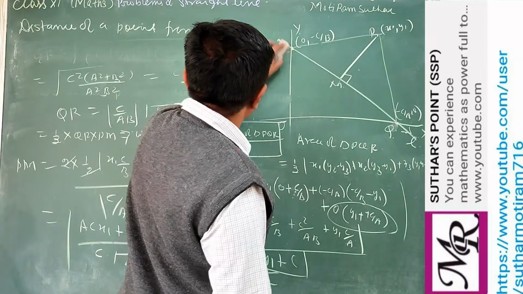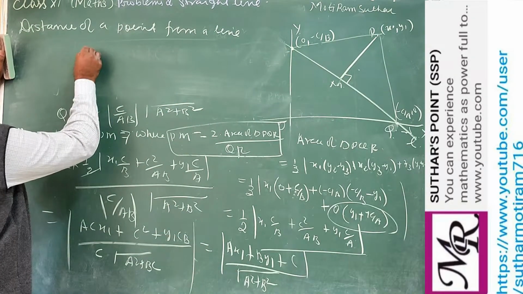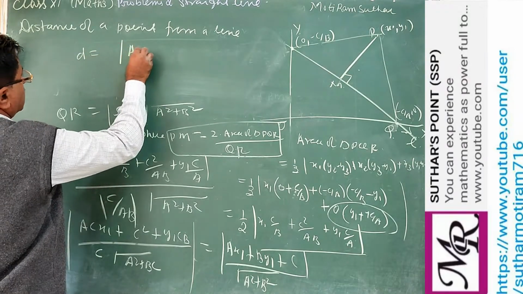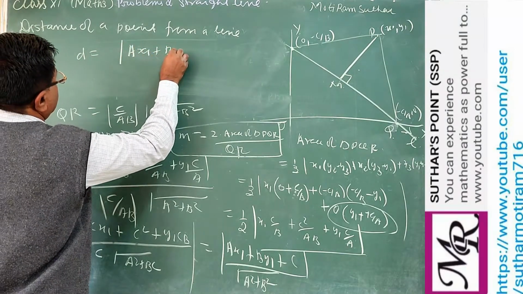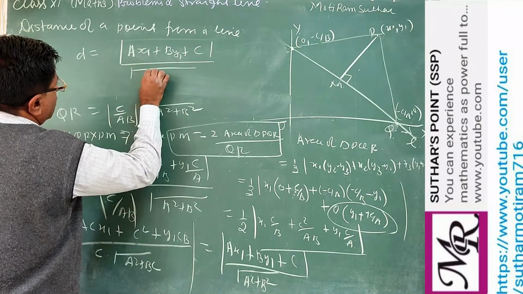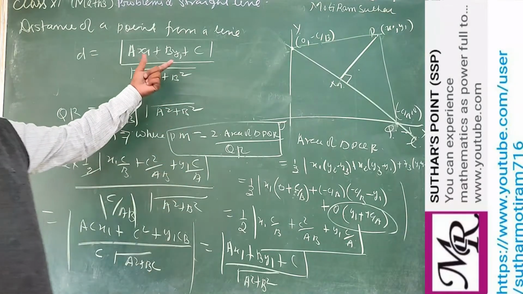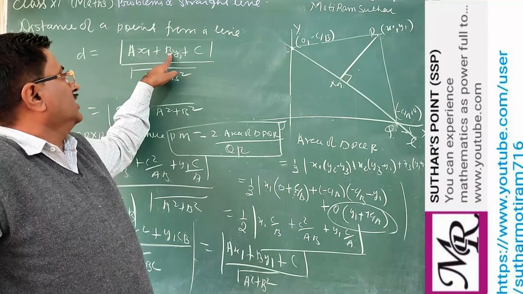So we come to our target, that the distance of a point from a line is always given by mod of ax1 plus by1 plus c divided by root of a square plus b square. Because what are we given? a is given, b is given, c is given.